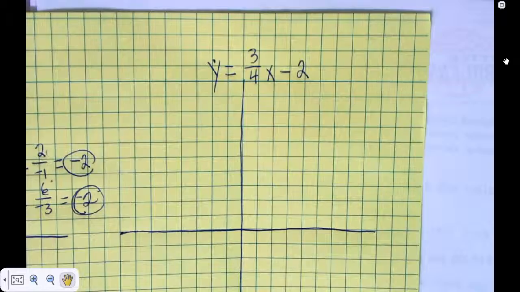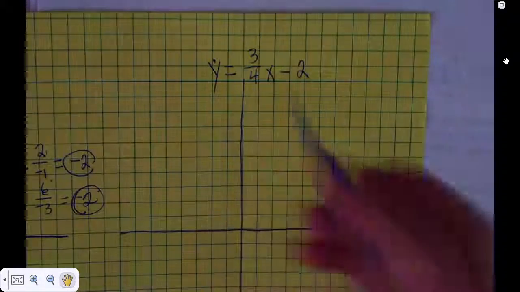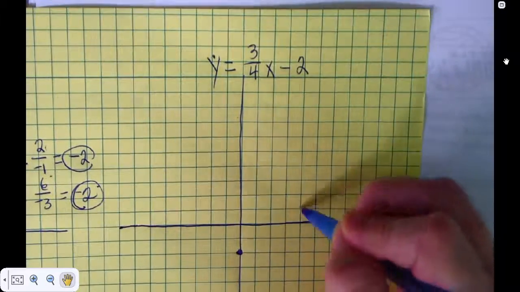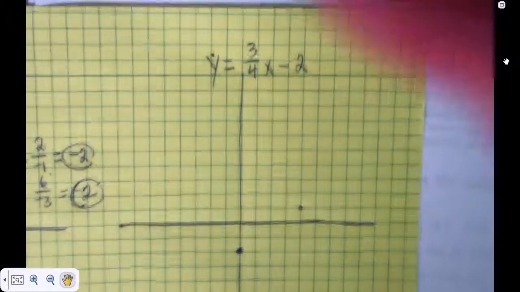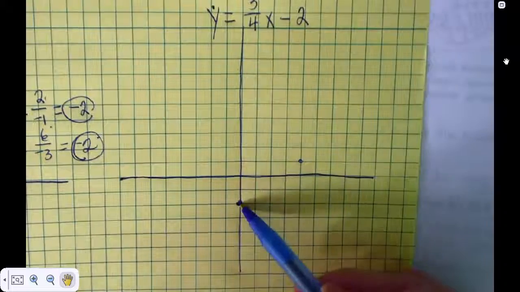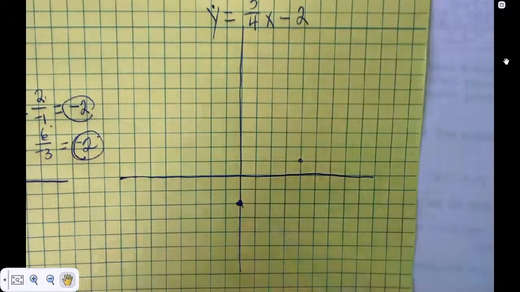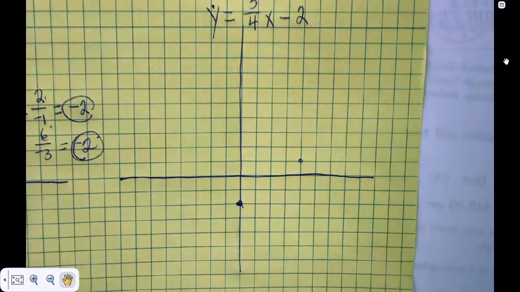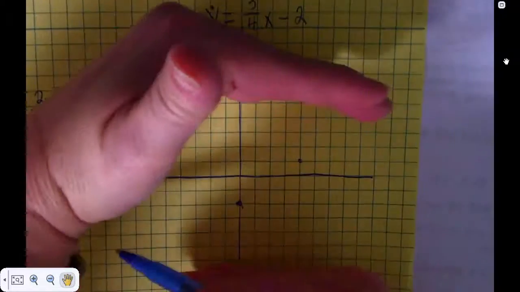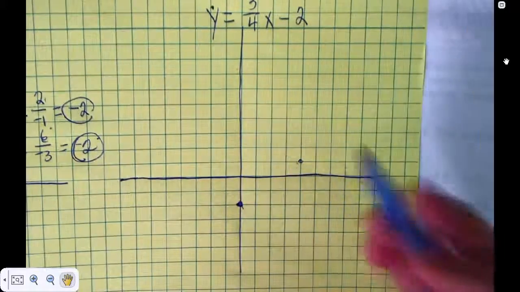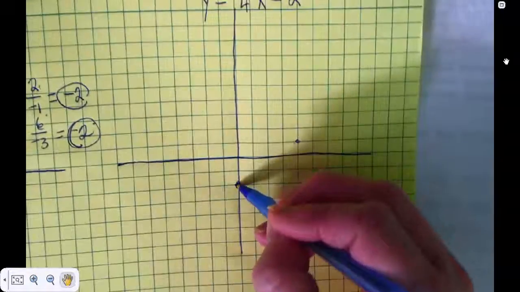What I want you to do is go back to your original point, 0, -2, right here. And we're going to pretend we didn't have room on the graph. Because, guys, sometimes on paper, they won't give you but a little bitty graph, and you don't have room to do another one up here. So let's say you're at 0, -2.